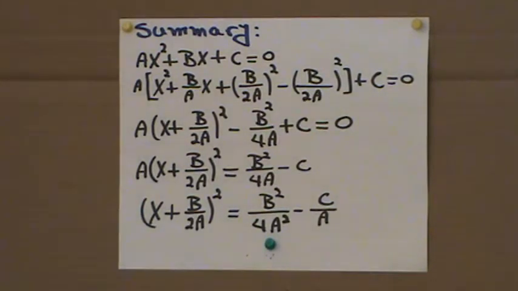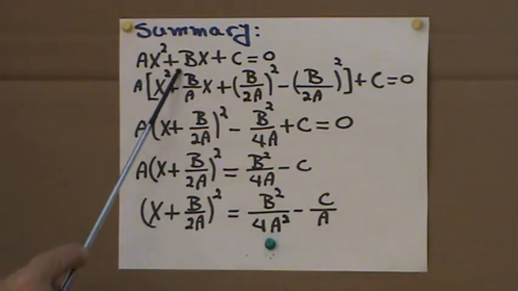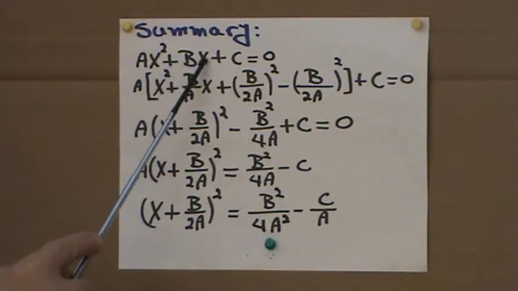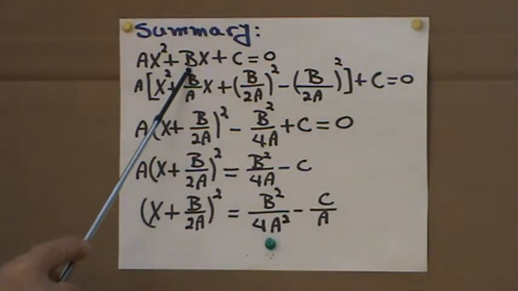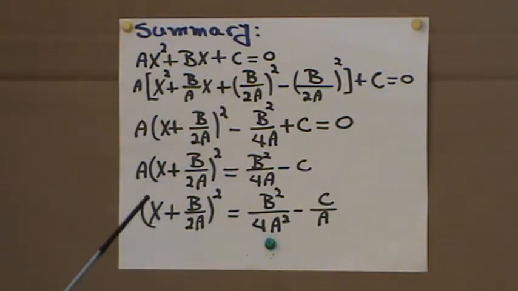So I go briefly over how we completed the square: taking half of the coefficient of x, squaring it, adding and subtracting.